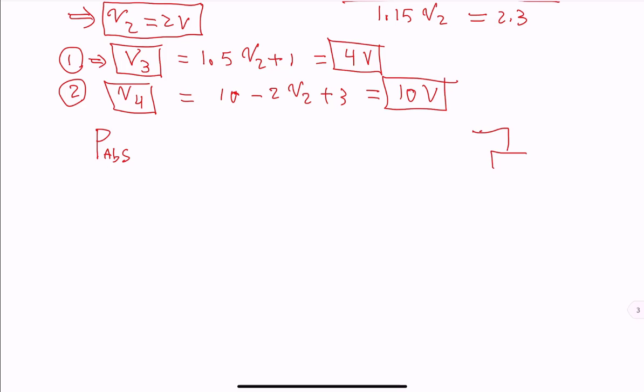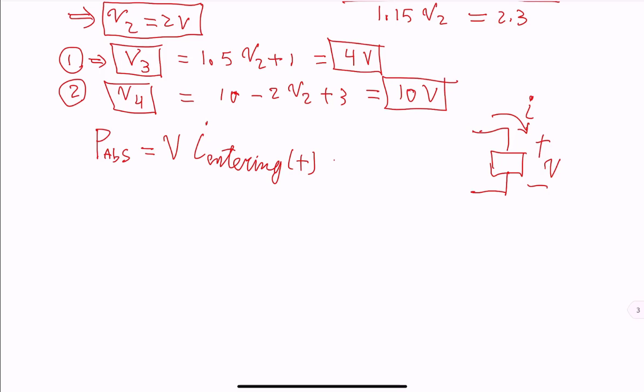So if we have an element with voltage V across it and current I entering positive of V, absorbed power is V times current entering positive reference of V. So let's look at the figure.